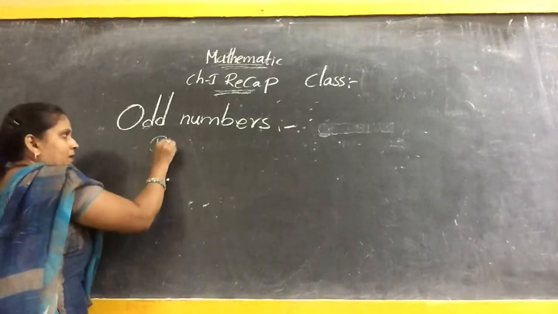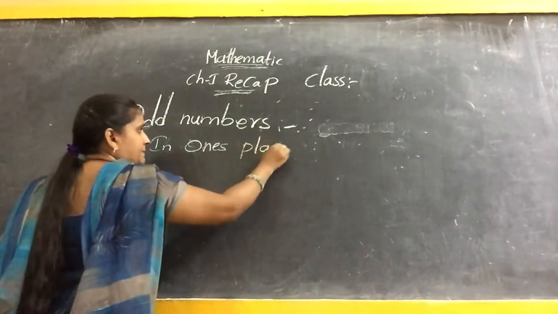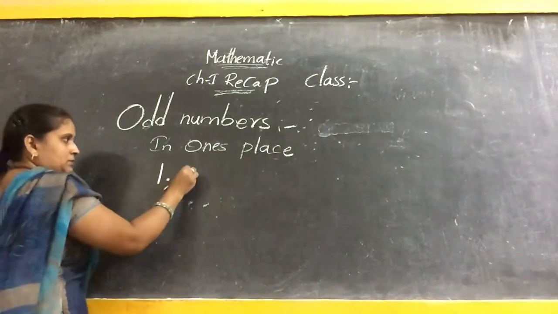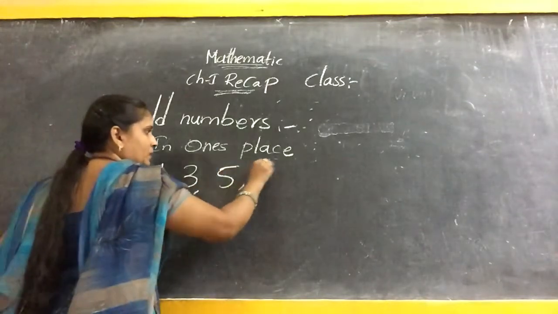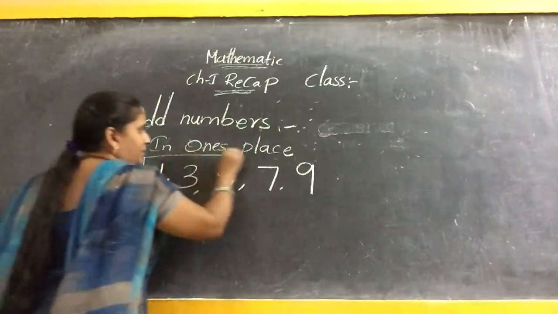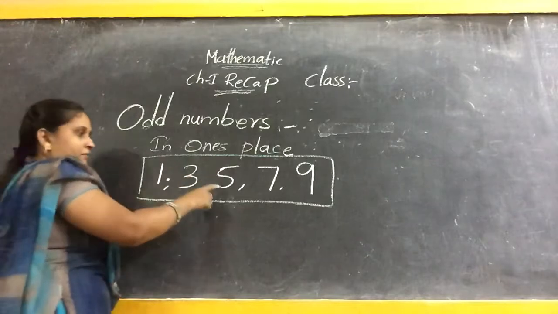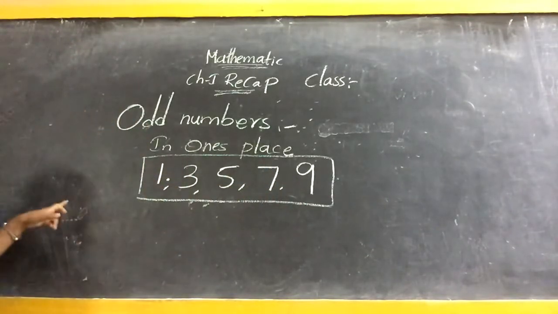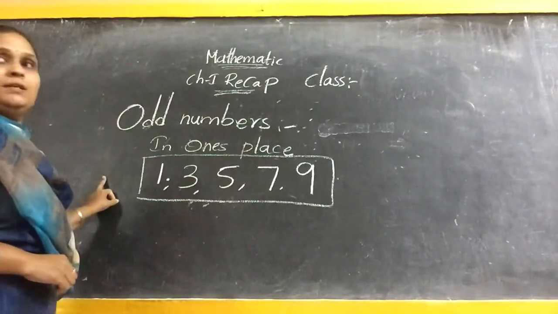Same, in ones place 1, 3, 5, 7, 9. If these numbers are in ones place, those numbers will be called what?